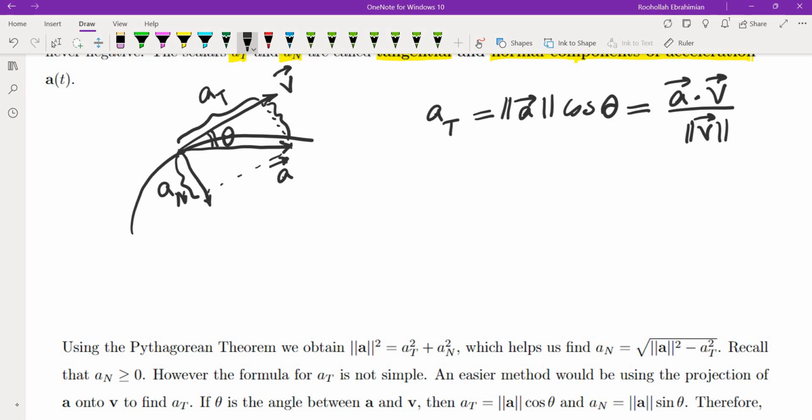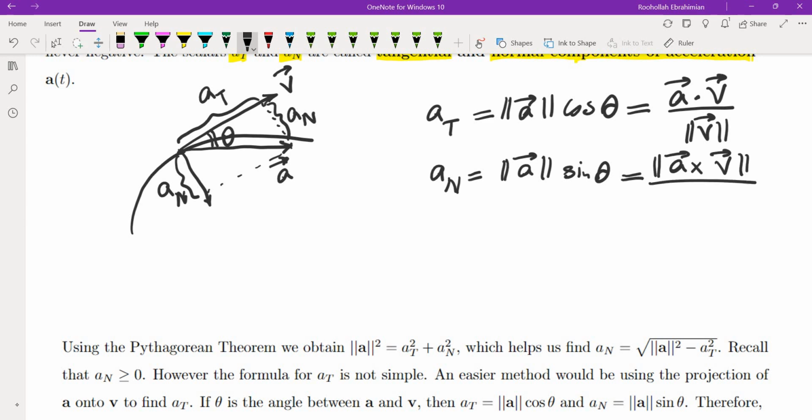Another way of doing that would be to use this triangle. So a sub n is going to be magnitude of a times sine of theta, which we can evaluate by cross product. So a cross v divided by magnitude of v. Now, if you look at this right triangle, we could use the Pythagorean theorem.